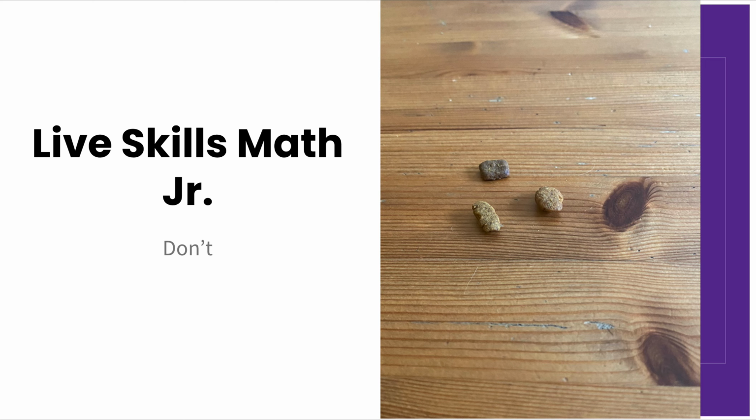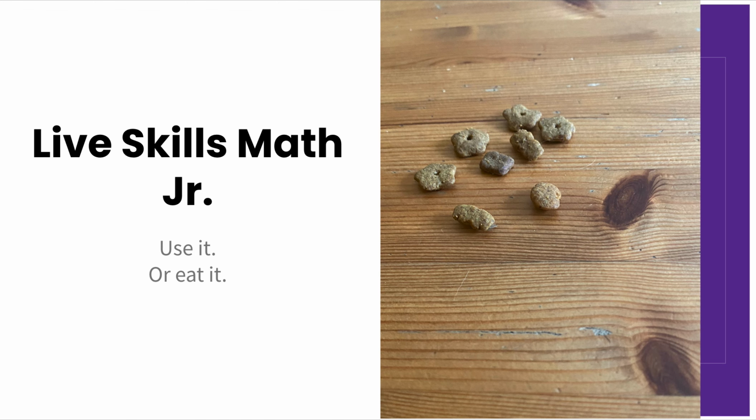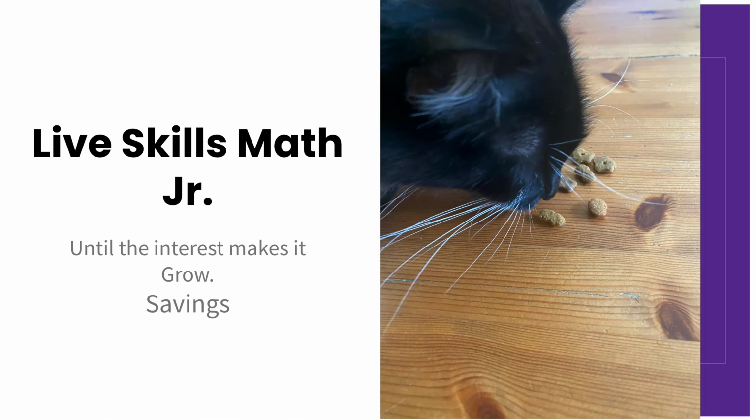The point is, if you don't touch your cat kibble, if you don't touch your money, you put it in a place where it can't be touched, you don't use it, or in this case, if Oreo doesn't eat it, what happens? It grows. The interest grows, the cat food grows, the money grows, and you have savings. What started out as one little kibble is now a nice little pile of kibble.